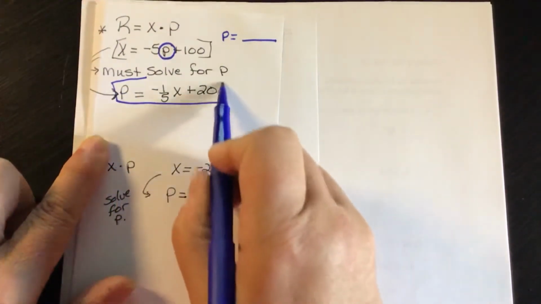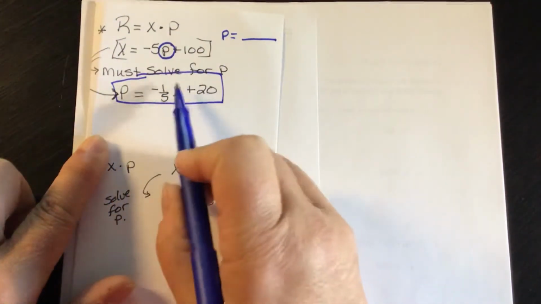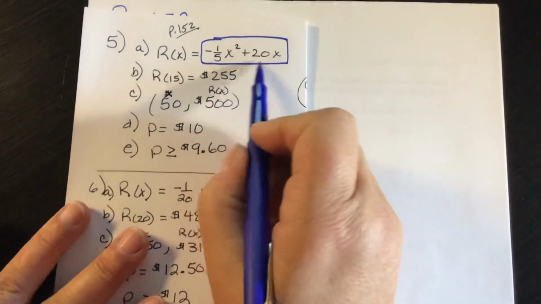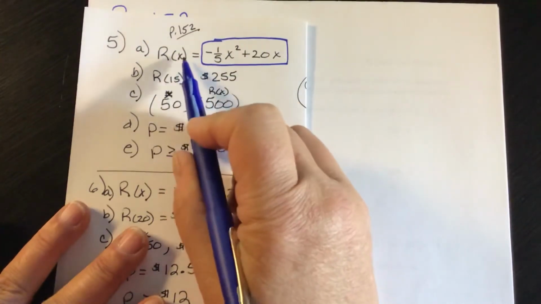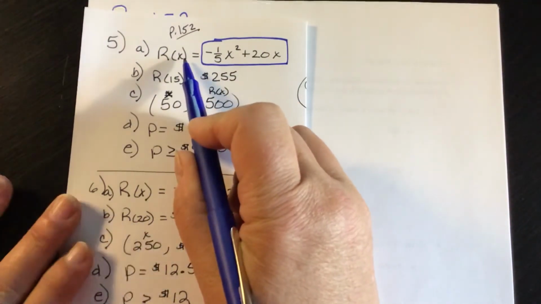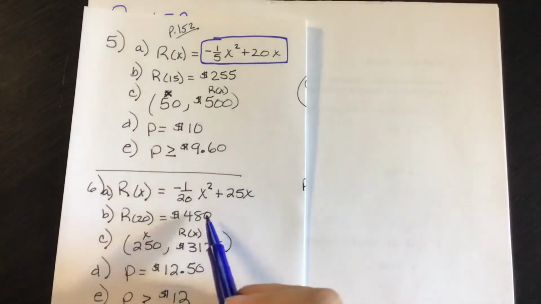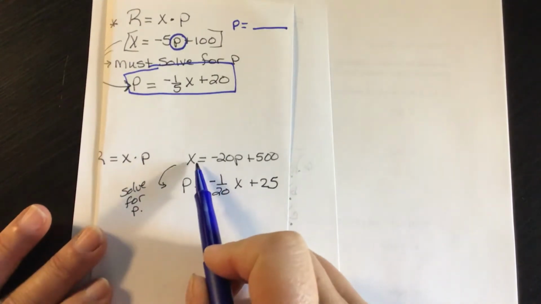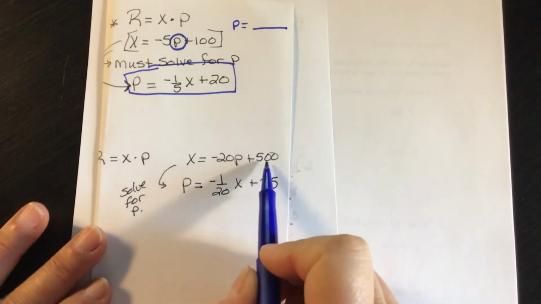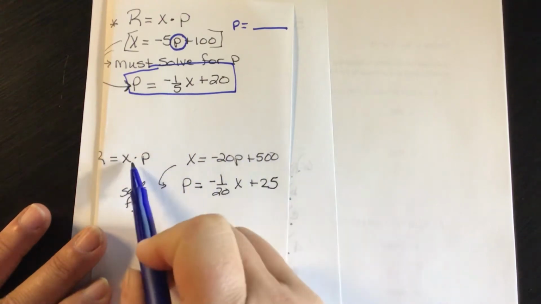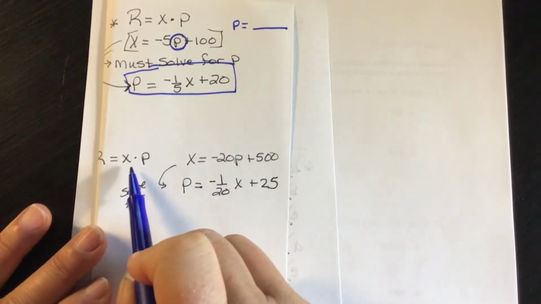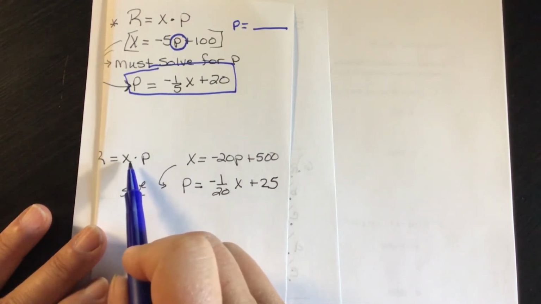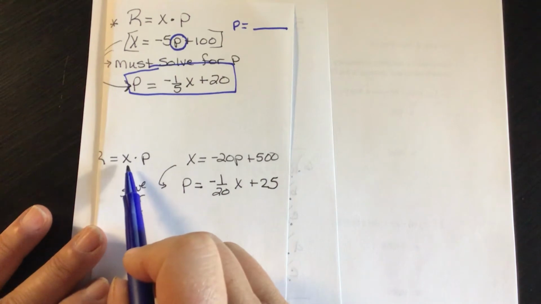So in terms of p, this is the equation that you're going to use to get this equation for revenue in terms of x. And you have to do that with number 6 as well. Number 6 gives us an equation where x equals -20p plus 500, and we want to plug this in here for x, but when we did that, we won't have revenue in terms of x or the number of items, we would have it in terms of p.